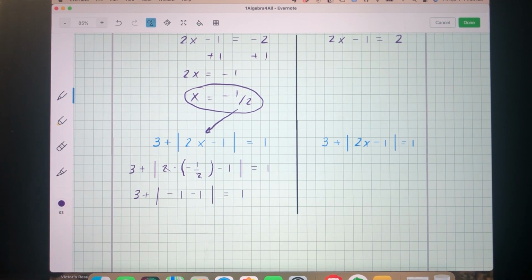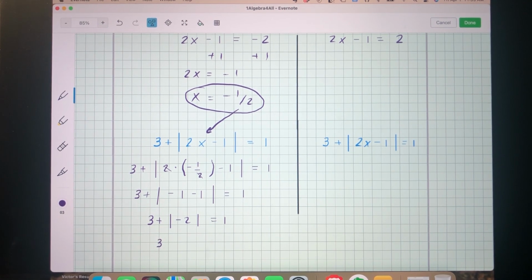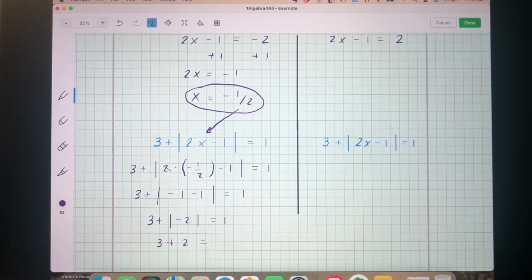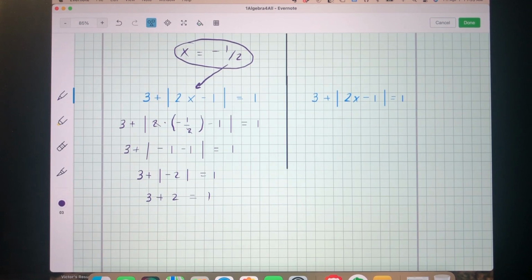Is that equal to 1? Negative 1 minus another 1 makes negative 2. So we have 3 plus absolute value of negative 2 equals 1. Absolute value of any number is positive, so the absolute value of negative 2 is plus 2. And our answer leads to 5 equals 1, which is not true.